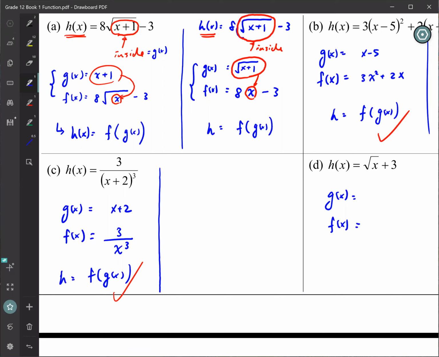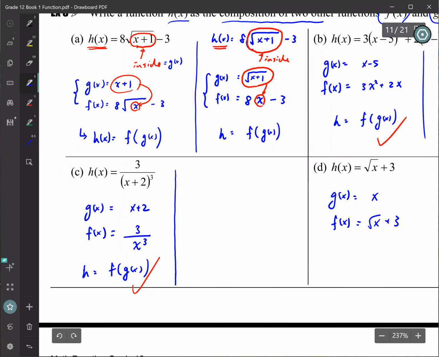Okay, Vicky, what do you have? For g of x, I just wrote x. Okay. And for f of x, square root of x plus 3. Okay, if you choose like that, then every question can do like this, right? So usually we won't use this way. Just like I remember last time William said anything times one, right?